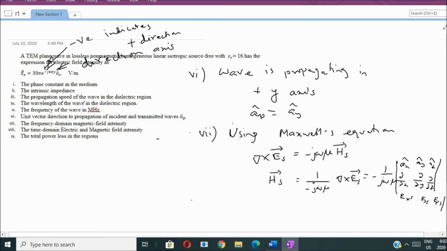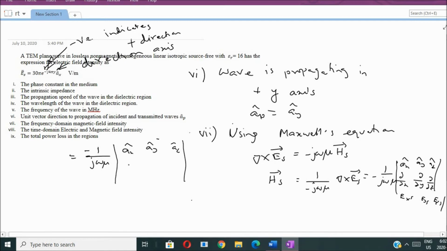Now if you substitute this, looking at the expression, it has y and x, so only an a_x component for E, and it is a function of y only.